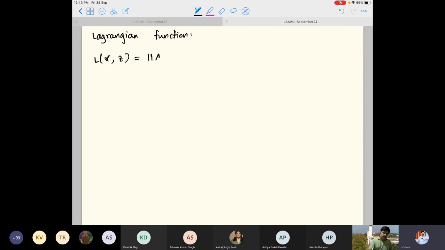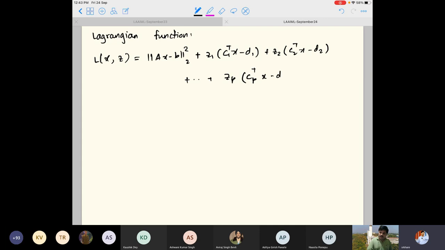So what will we have? We'll have (Ax - b) whole square plus z1 into c1 transpose x minus d1. The first constraint, that z1 is the first Lagrange multiplier. Then z2 into c2 transpose x minus d2, that's the second Lagrange multiplier, and then this is zp, so cp transpose x minus dp, right?